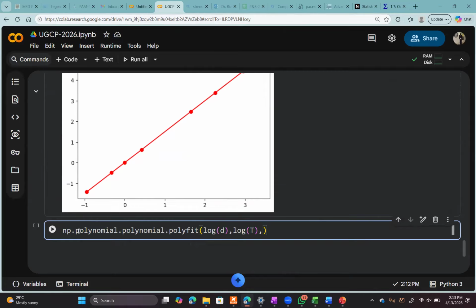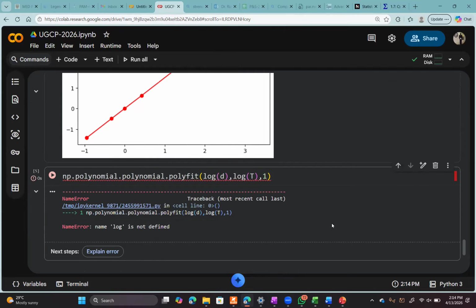So I'm calculating them again as vectors in this function. And I would like to generate the coefficients of a first degree polynomial, which is a straight line. So I expect a slope of 1.5.